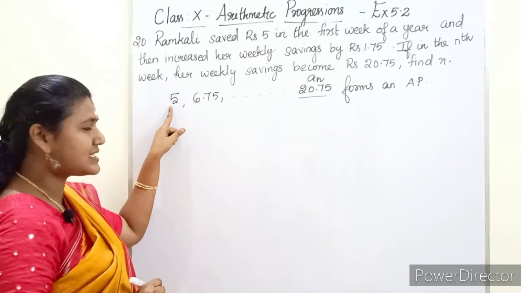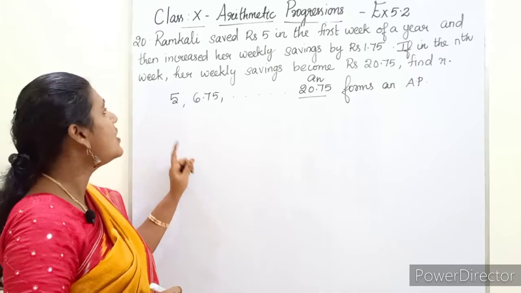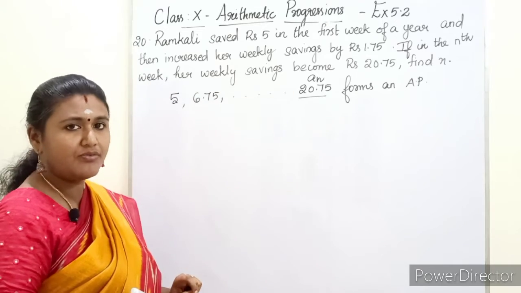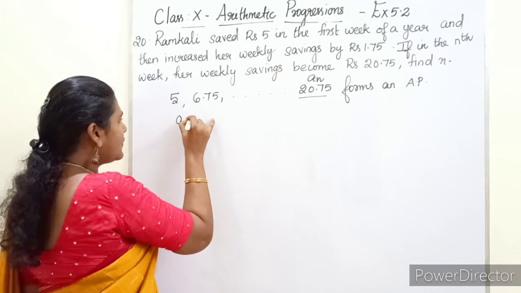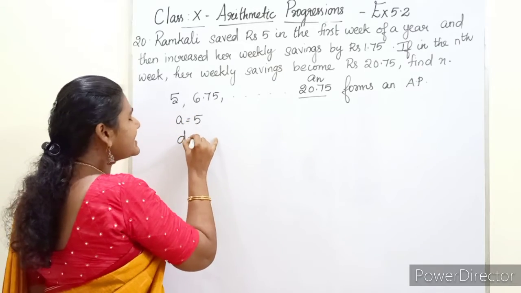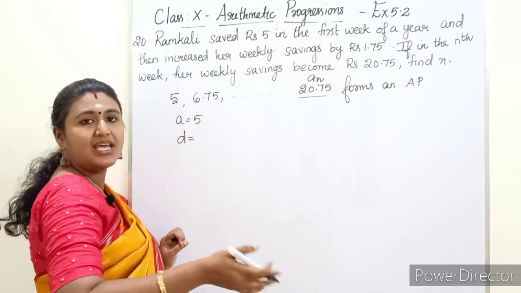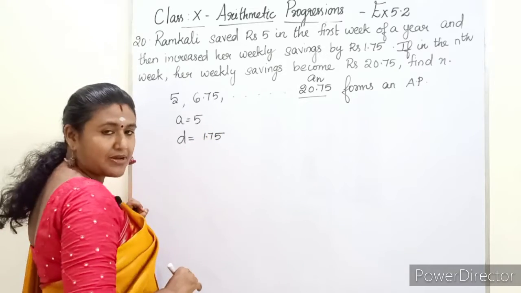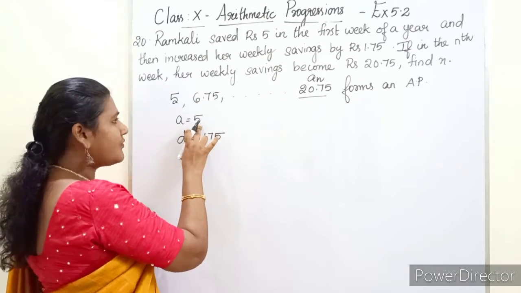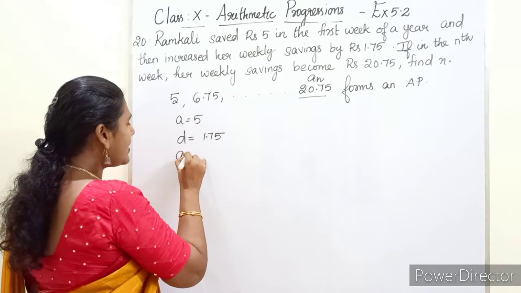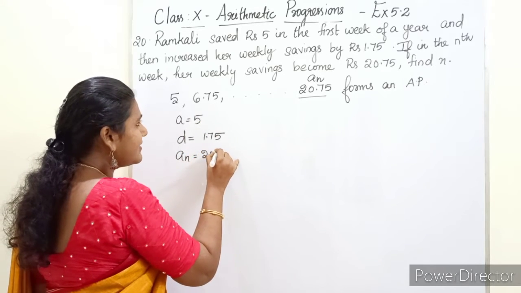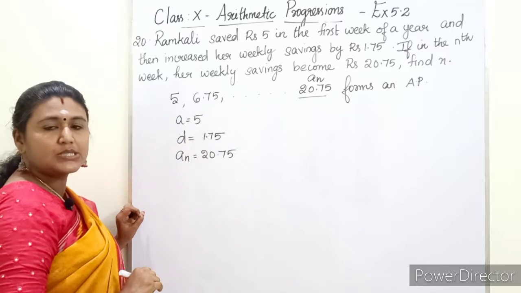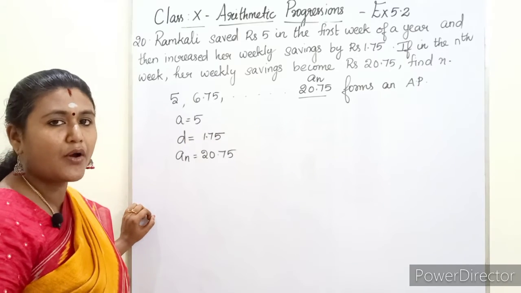We have the first term and common difference, and we have to find the value of n. So A is equal to 5 and D, what is the value increasing every week? 1.75. So we will take D as 1.75 and A is equal to 5, and this 20.75 we will take as the value of AN. So AN is equal to 20.75.